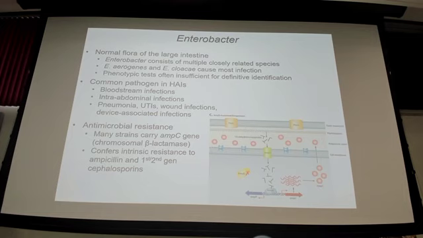In particular, the expression of the AmpC gene, these strains that you pick up in hospitals that have a high carriage rate of AmpC genes, that encodes a chromosomal beta-lactamase. And that confers resistance to beta-lactams. They will also have intrinsic resistance to ampicillin, first and second generation cephalosporins. I think some third generation as well.